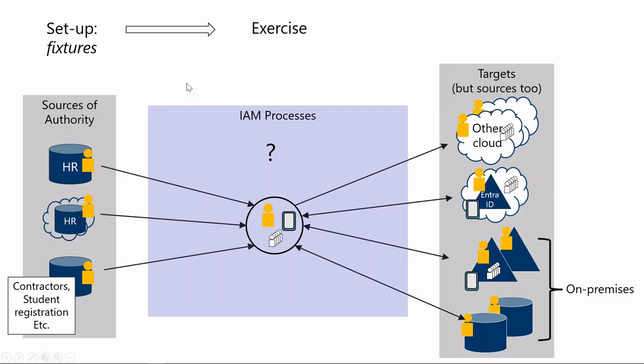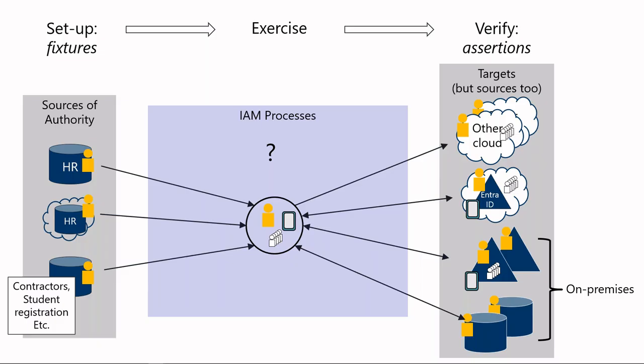Then, having set up, we exercise the test. That boils down to allowing identity and access management processes to take place within the system. So in other words, synchronization happens, or whatever else has to happen in there. And then we verify. I do tend to mix up the words verify and validate. Apologies for that in advance.